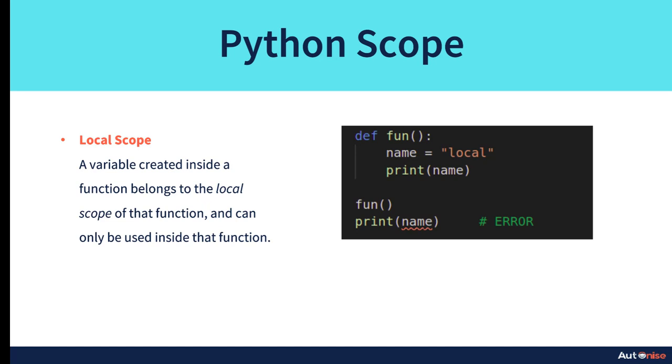Obviously, if we define this variable inside a function, we can use it anywhere inside the function. But even after calling the function, all the variables which are defined inside the function are erased and we cannot access them outside of the function.